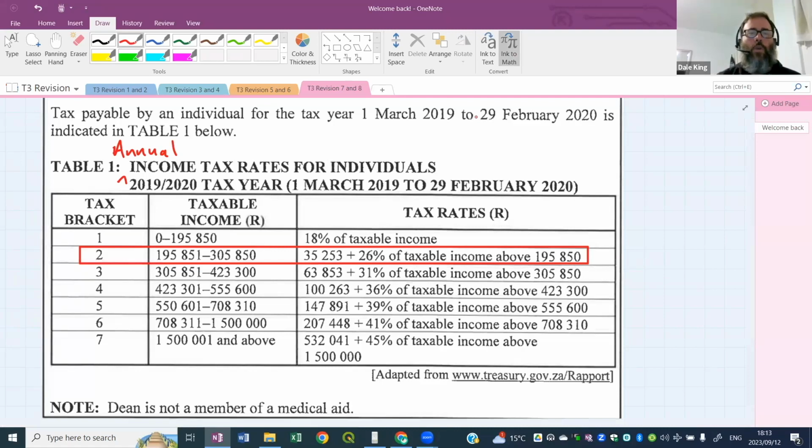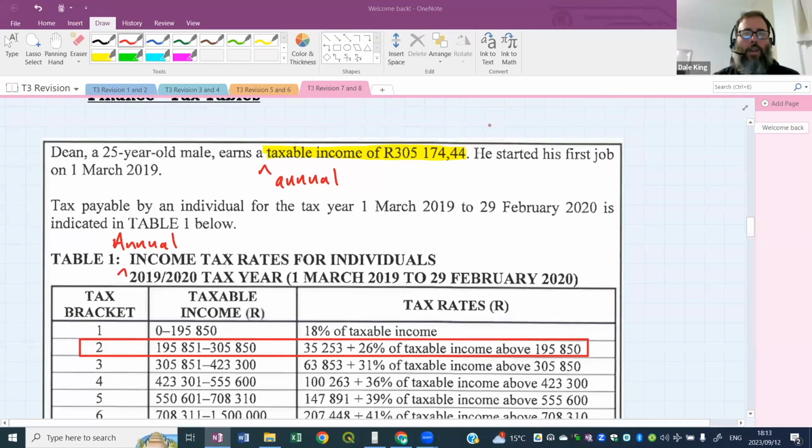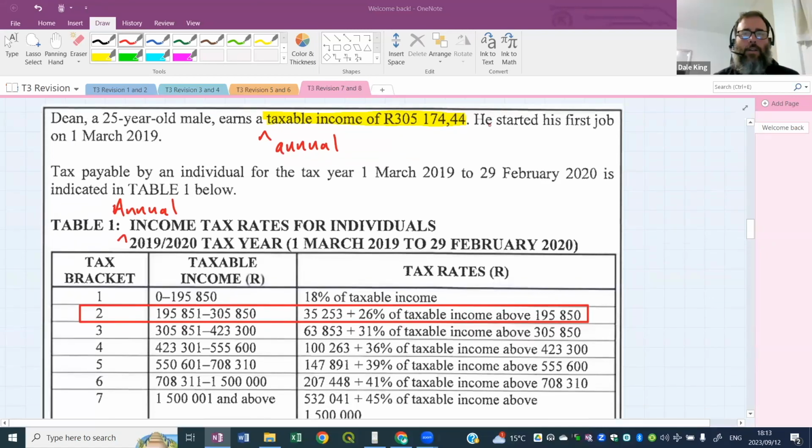Wanley, the question is, work out the monthly tax that this person is going to have to pay. There is his annual salary highlighted in yellow at the top, 305,174.44. We know we're working with bracket 2, so calculate using bracket 2 the monthly tax payable.